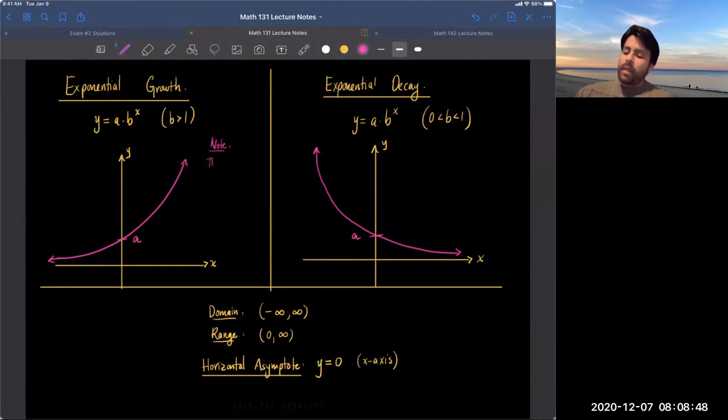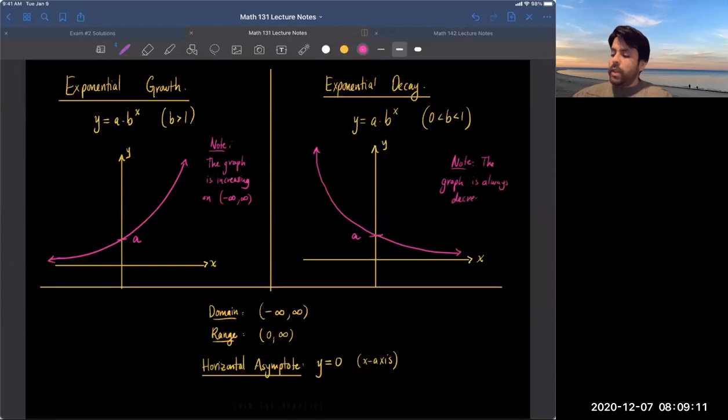So the graph is increasing on negative infinity to infinity. And note that the graph is always decreasing.